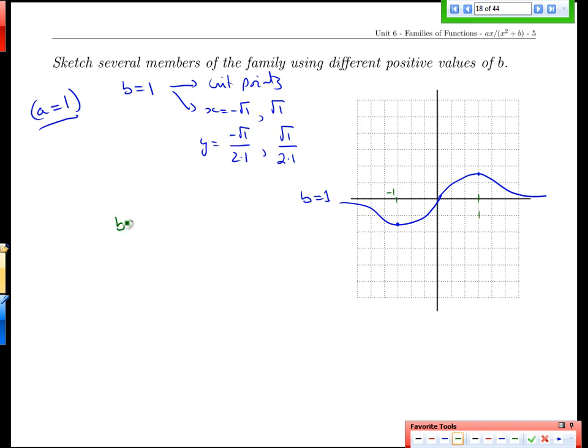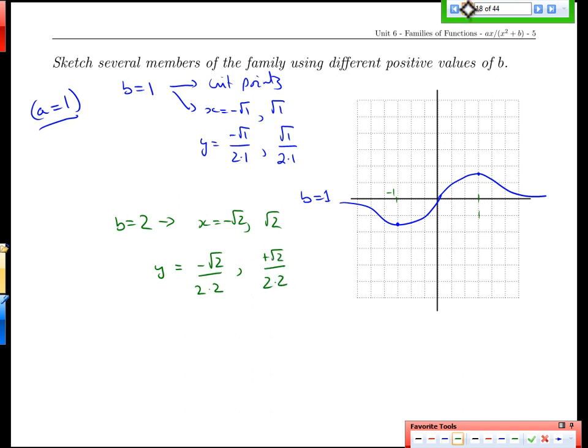Let's try if b equals 2. We would get the critical points at x equals negative root 2, y equals, we'll keep the same pattern as here, negative root 2 and positive root 2, and the matching y coordinates would be at negative root 2 over 2 times 2. And the other y coordinate would be at positive root 2 over 2 times 2.